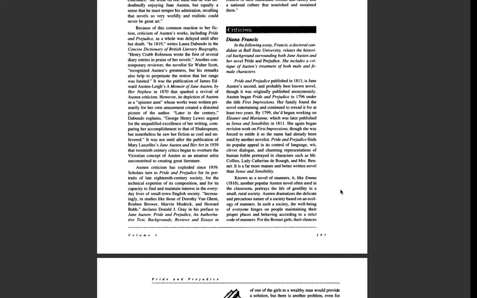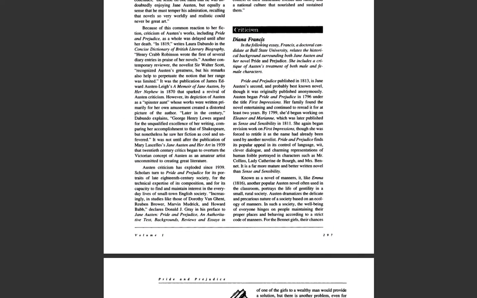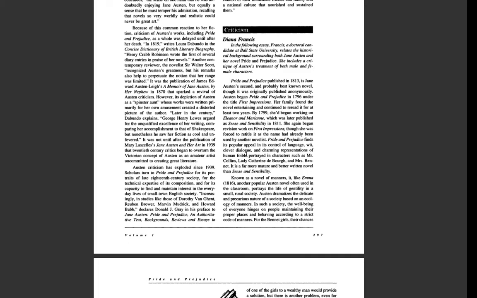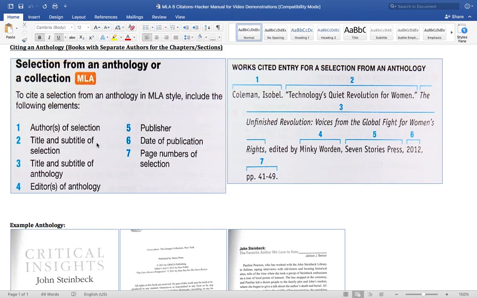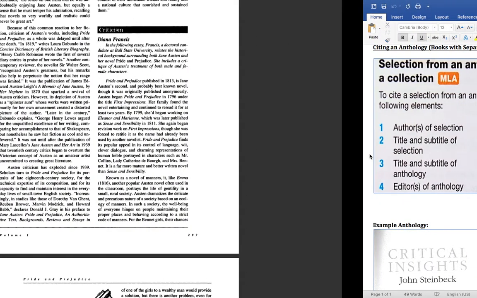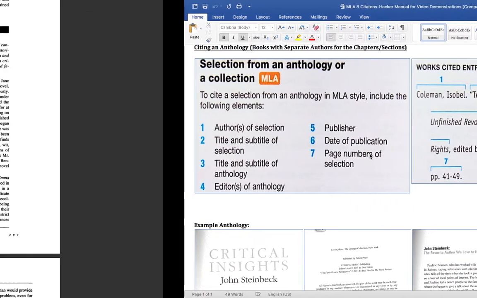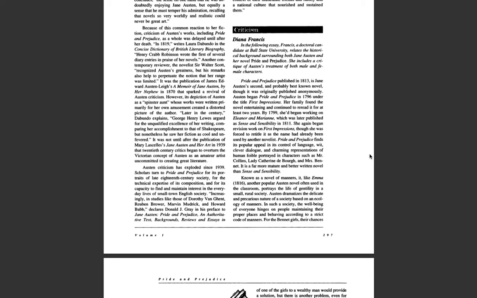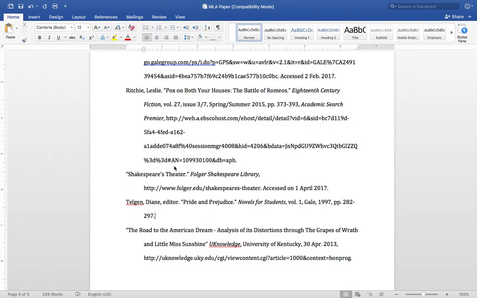So let's just pick this article by Diana Francis. We're still going to be using this as a guide. The author of the selection is again Diana Francis. Just double checking, Diana Francis.